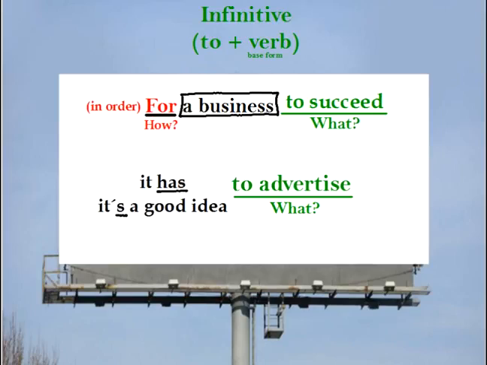This was to explain the different ways that we use the infinitive, not only to talk about how we do something, but to talk about specifically what we are talking about. So it's important to know which verbs we use with the infinitive and in what types of situations we use the infinitive. I hope this was helpful, and good luck with the rest of your grammar. Bye.